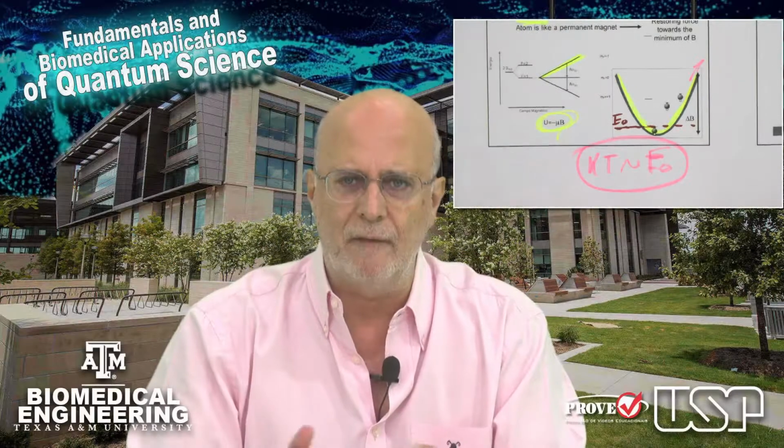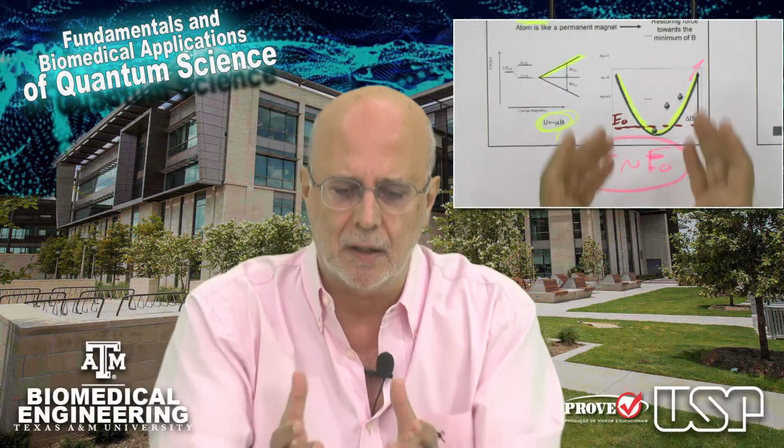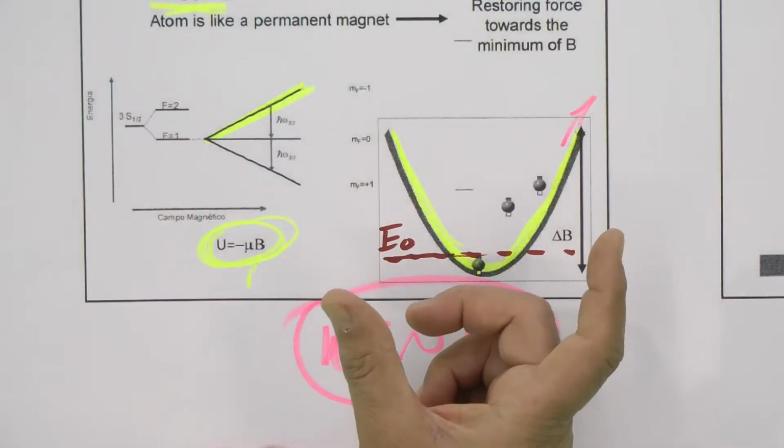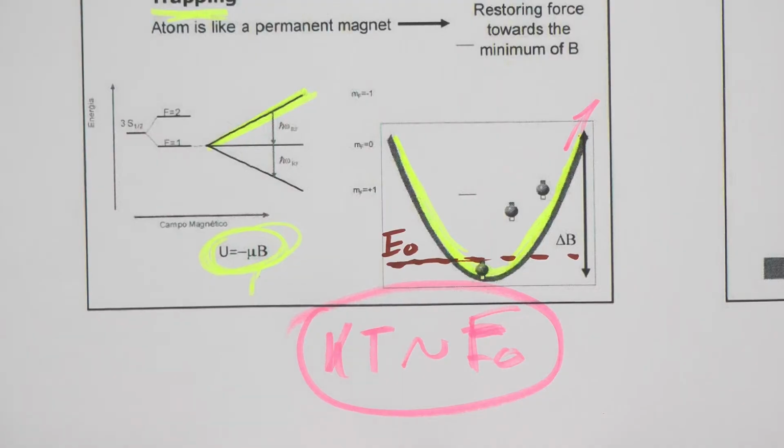And this giant wave function can be seen because it is macroscopic. This is a confinement that has many, many microns in dimension, and with microns we can see those atoms with a very good magnifier. This was done in a very nice experiment.